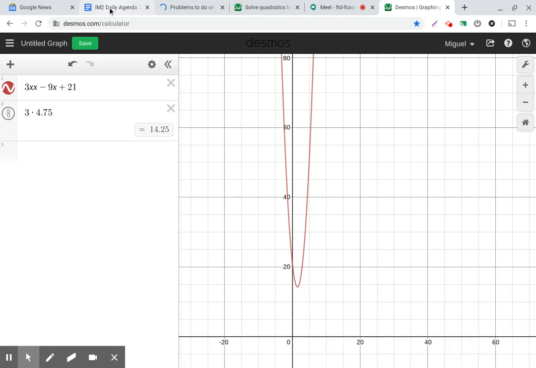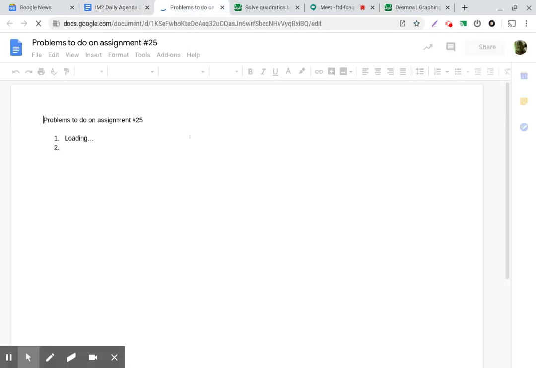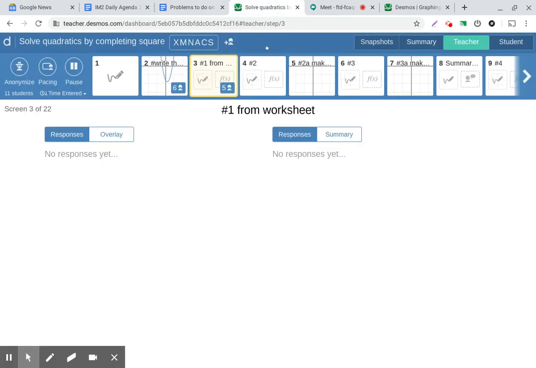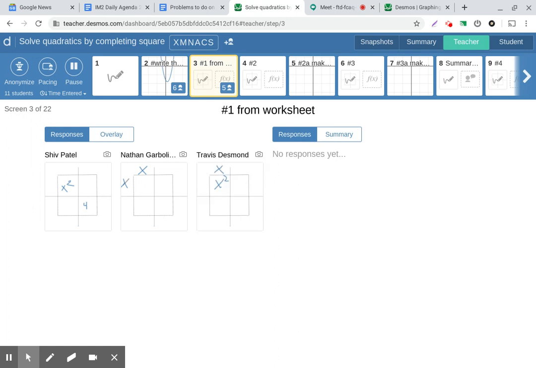What I'd like you to do is take number 1 in standard form and convert it to vertex form using the method I showed you. So you're going to be making some twins and then maybe adding something. And the thing that you add, you can do it on the outside. You can do it in a different color. And then from that, you can have your vertex from vertex form.